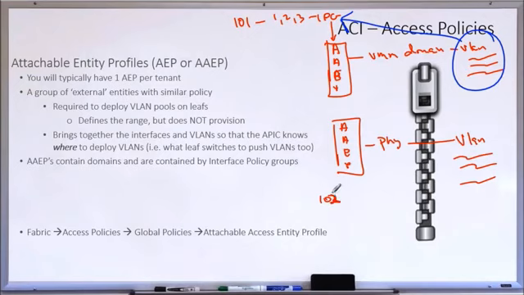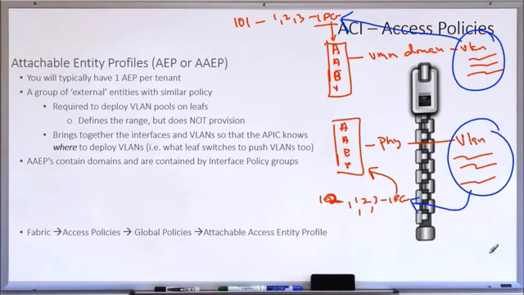Say we have switch 102, which doesn't have any ports that need these VMM domains. So switch 102 has ports maybe 1, 2, and 3, again on this one, referencing an interface policy group that's associated to this AAEP. So now only these VLANs are going to be pushed out to this individual switch.